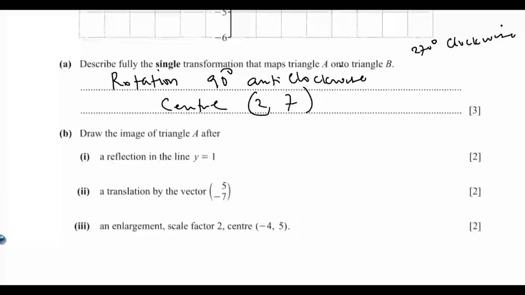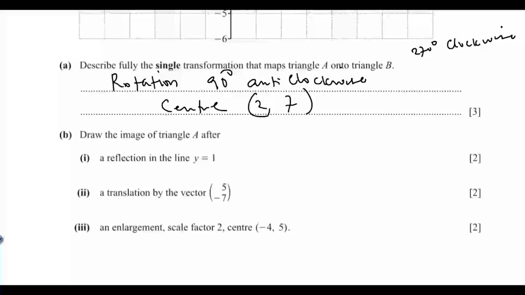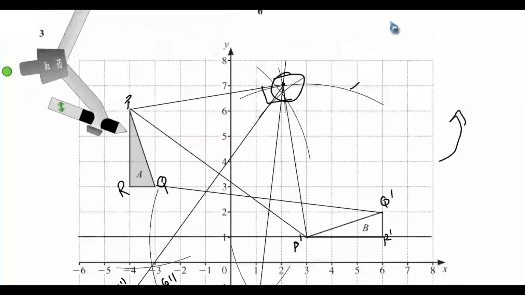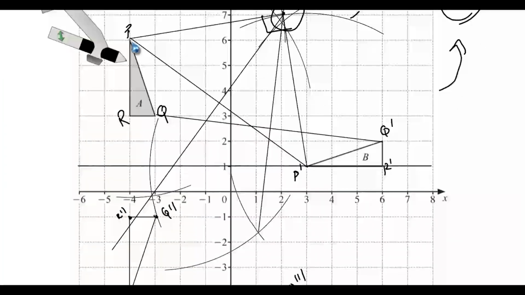And the last one will be a translation by the vector (5, -7). So see triangle A, 5, minus 7. Let's write it here. 5, minus 7, that is the vector. So x equals 5, 1, 2, 3, 4, 5. Then y equals minus 7, 1, 2, 3, 4, 5, 6, 7.